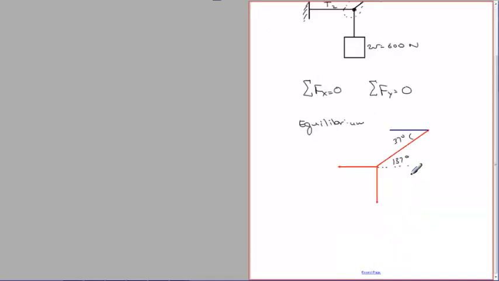When we have a force that's not either horizontal or vertical, but at some angle, we break it up into a horizontal component and a vertical component. These are vectors to represent the force, and the force has both magnitude and direction, but the force can always be broken up into an x component and a y component.